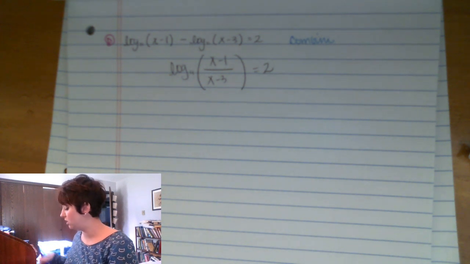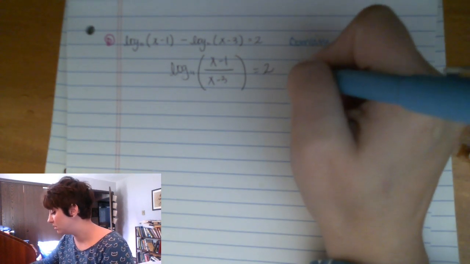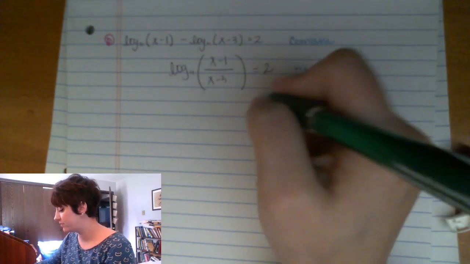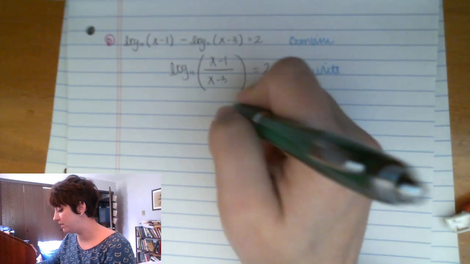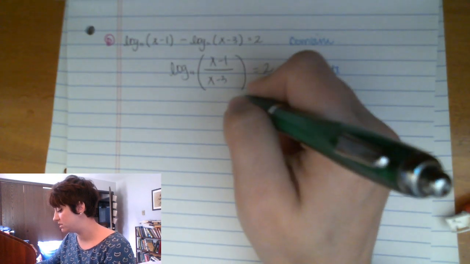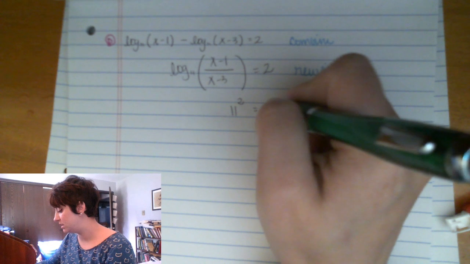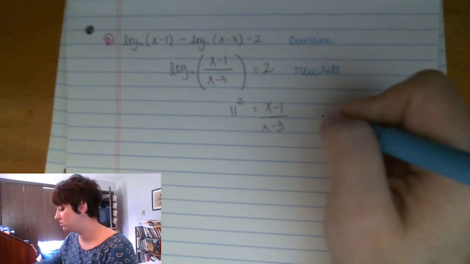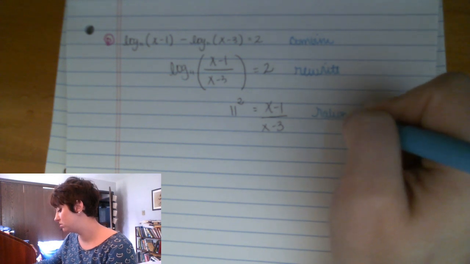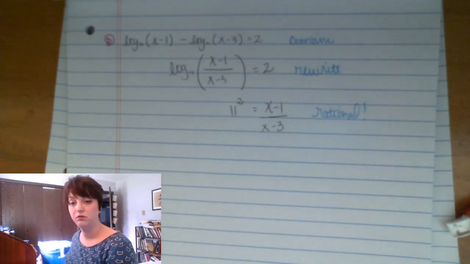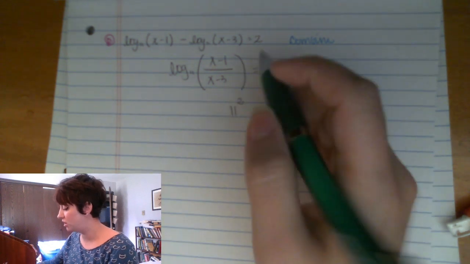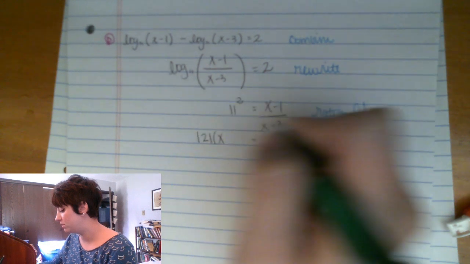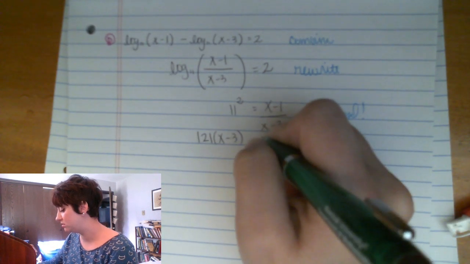All right, now it's log of something equals number, and I can rewrite it. So 11, that's my base, to the second power is x minus 1 over x minus 3. This is rational. Which means I need to multiply by the denominator and simplify. So 11 squared is 121, multiply by denominator.